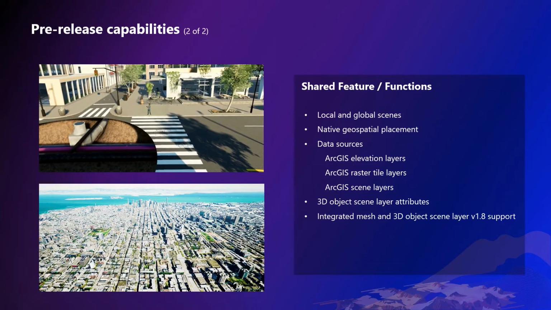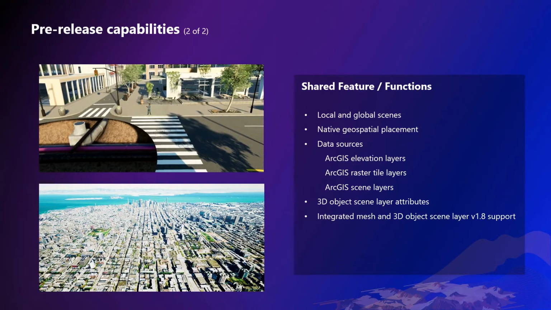Next, as mentioned before, native geospatial placement is required to support accurate geospatial placement of objects and intuitive camera control within a scene. With this release, ArcGIS Maps SDK for Unity delivers initial support for native geospatial placement with the high precision framework, which was developed by Unity and integrated with the ArcGIS Maps SDK.